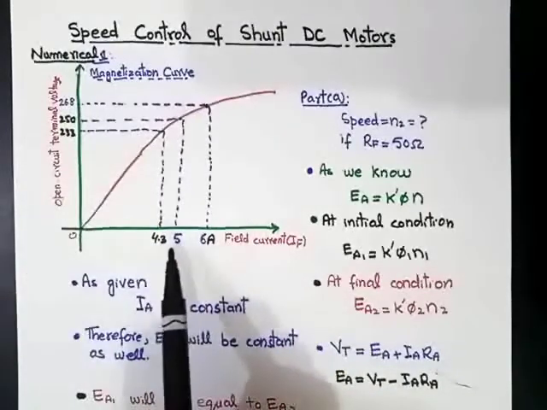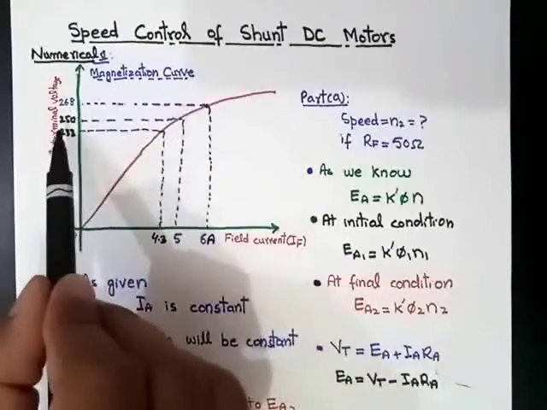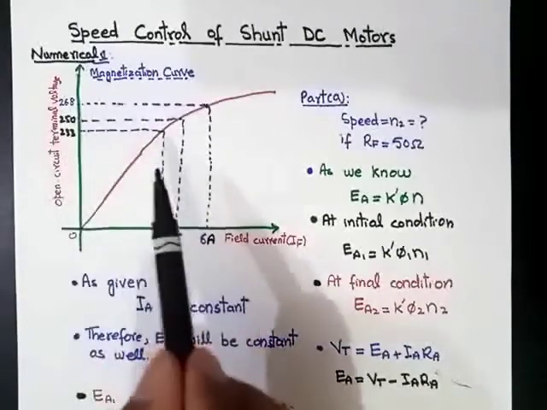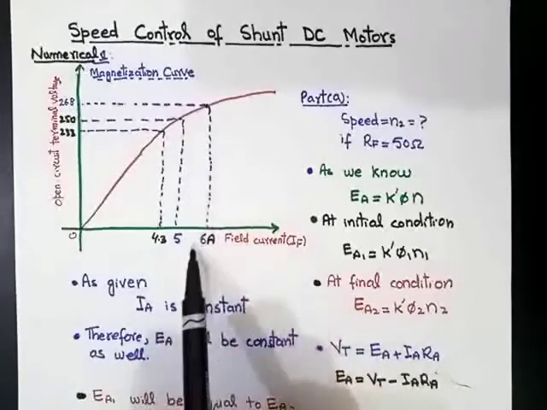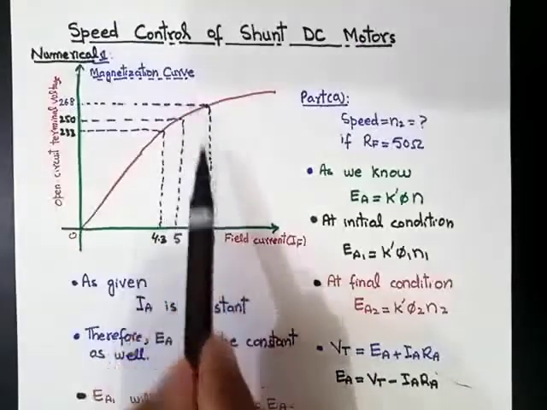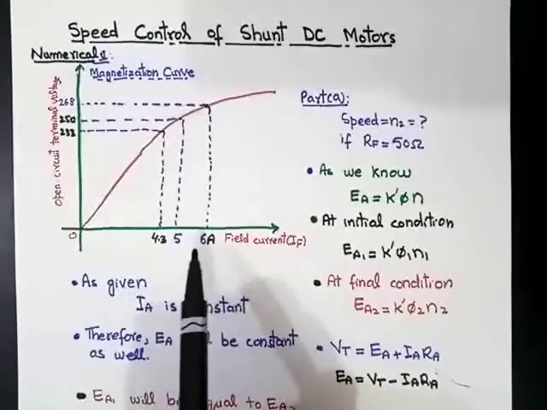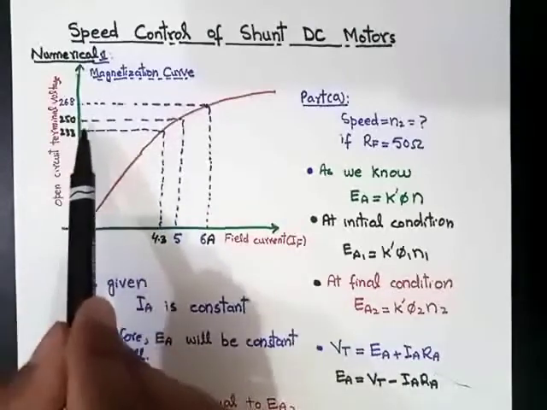And when the field current is equal to 5 ampere, then the internal generated voltage is equal to 250 volt. It means IF1 is 6 ampere and IF2 is 5 ampere, and EA1 across IF1 is 268 volt and EA2 is 250 volt.